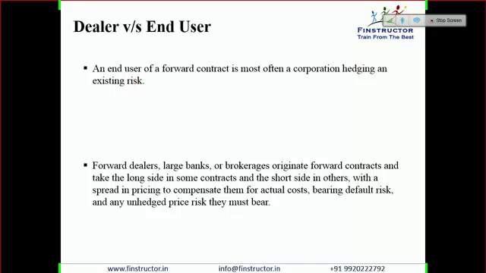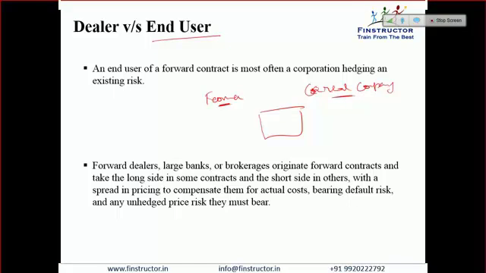In the example of the farmer and the corn producer, or the cereal company that we gave in the previous reading or in the previous video, both the farmer as well as the cereal company are referred to as end users.